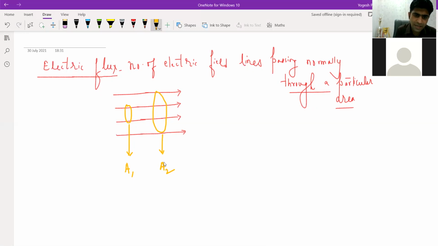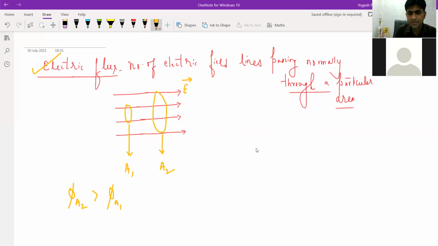Definitely you will say A2, that flux through area 2 is greater than flux through area 1. What you said is absolutely correct. The number of electric field lines crossing or associated with a particular area normally is called electric flux.